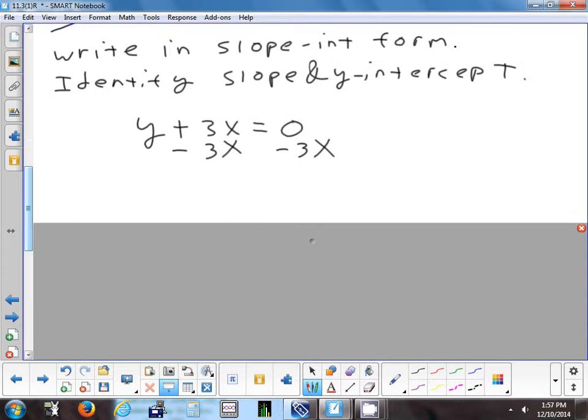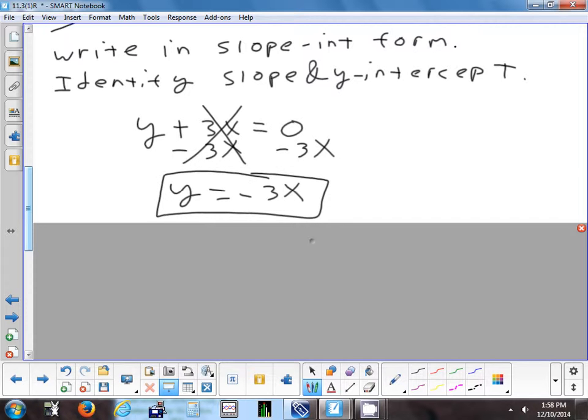What happens on the left to 3x minus 3x? What's on the left-hand side now? Just y. What about the right-hand side? What's 0 minus 3x? There's a plus 0, there's nothing there. If it's a plus 0, you don't need to write it.